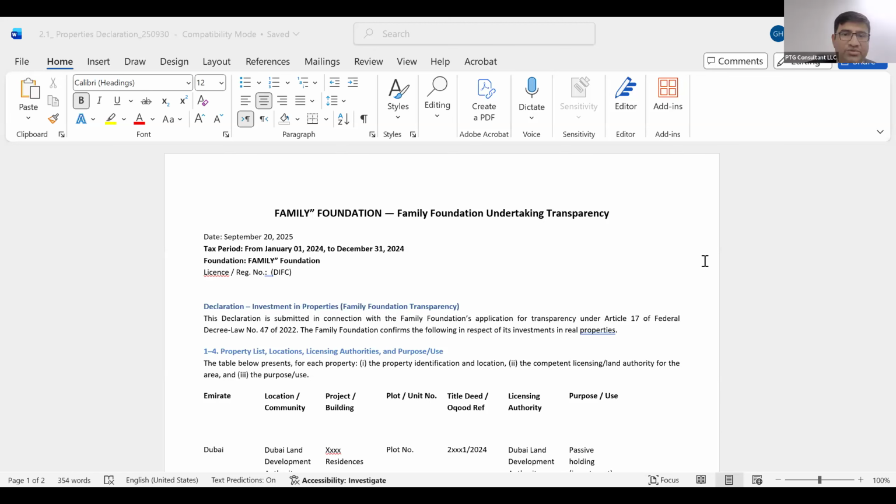Okay, now the next step for the property. What are the property as a family foundation we hold?